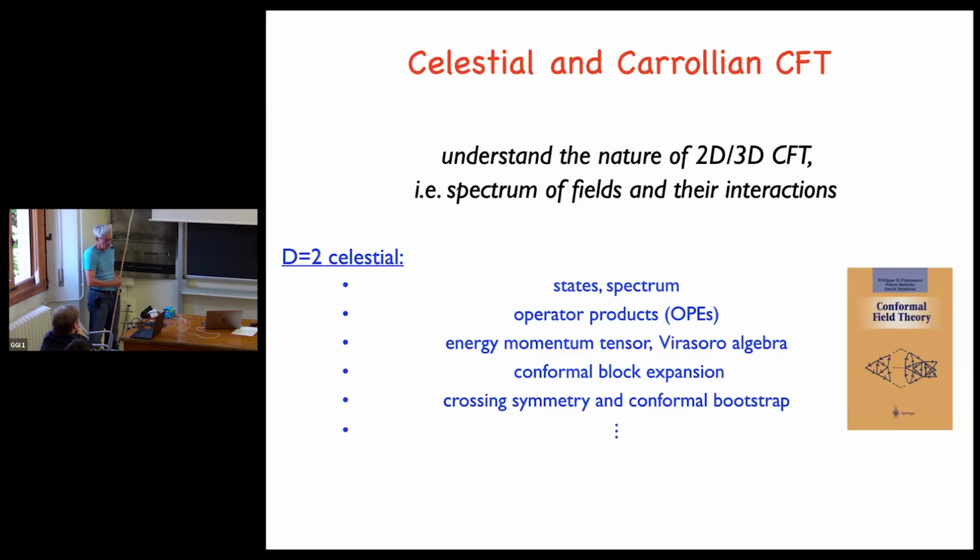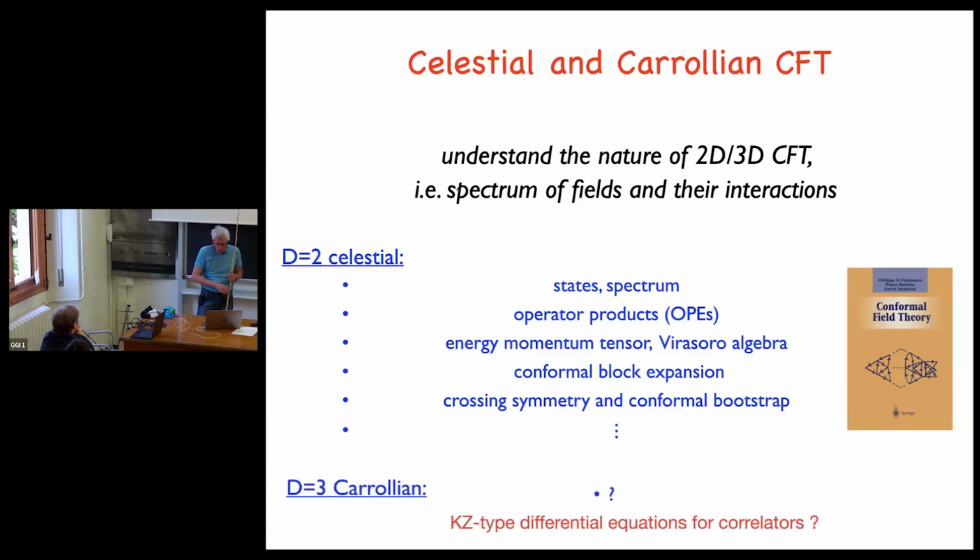There has been a lot of results also from our group and also the Harvard group, in particular on the celestial side, to derive this. And I will show you in a moment a sample of how operator product expansions look. But on the Carrollian side, there's even less known than on the celestial side. What we recently have derived is that there are some KZ type differential equations which allow us to compute amplitudes from differential equations, and they actually unify this.